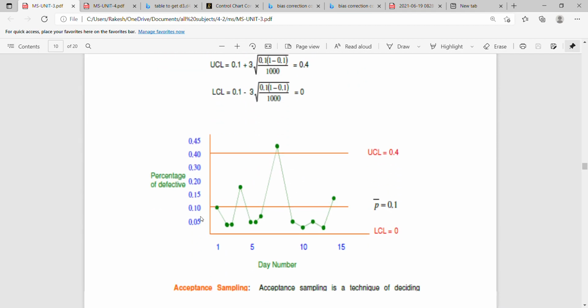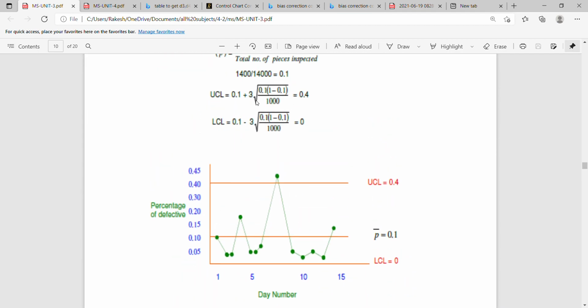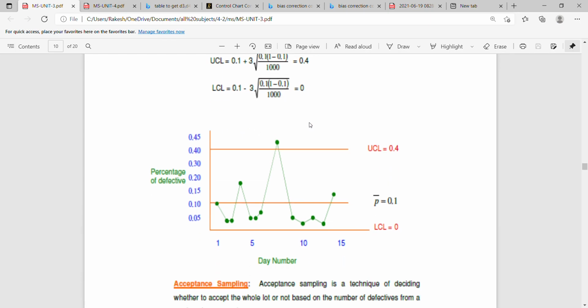Substituting, you get the upper control limit as 0.4. For the lower control limit, the same formula with minus gives a negative value, which is taken as 0.